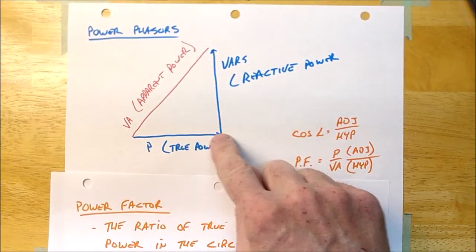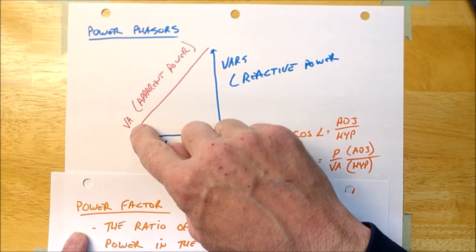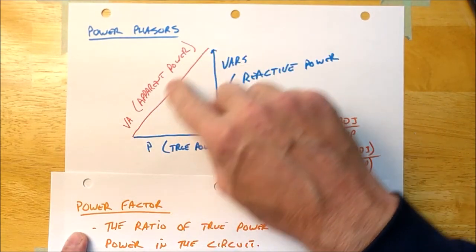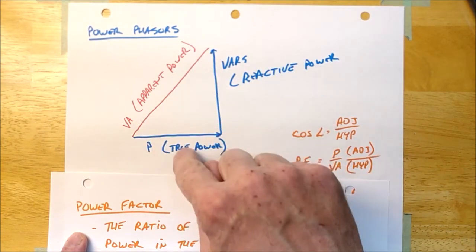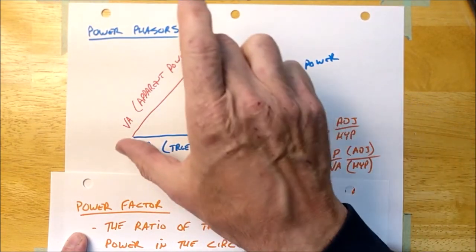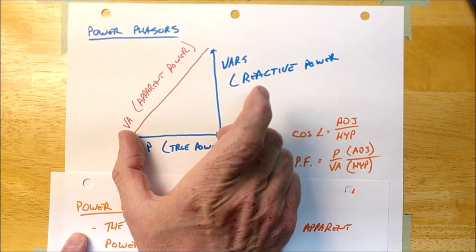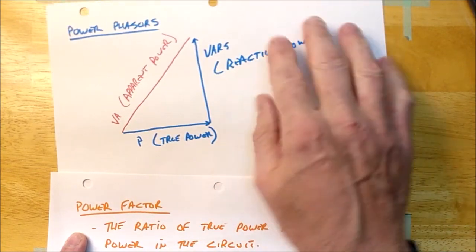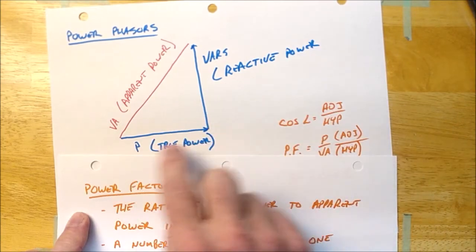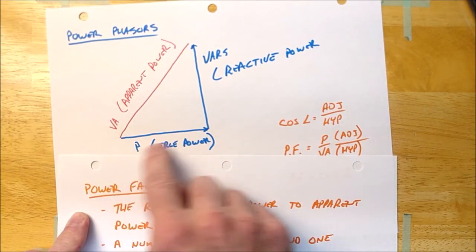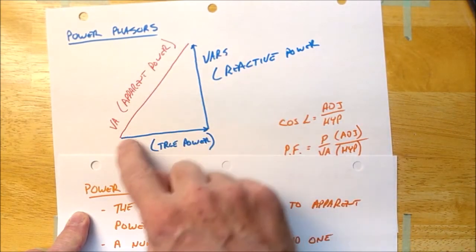Because the true power is going to be this adjacent side, and the VA, or the apparent power, is going to be the hypotenuse, and you're never going to get a hypotenuse that's shorter than the true power. You could have one that's equal, because if there's no capacitors or no inductors, or there's no VARs, you could have a situation where there's only true power and the VA is equal to the true power.